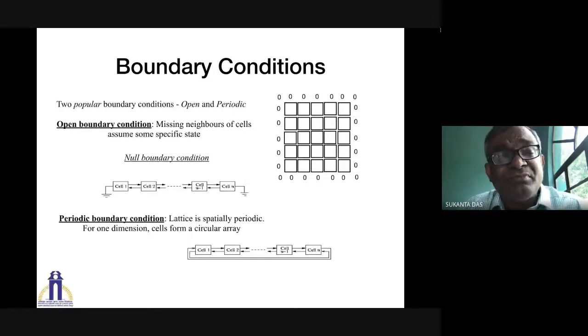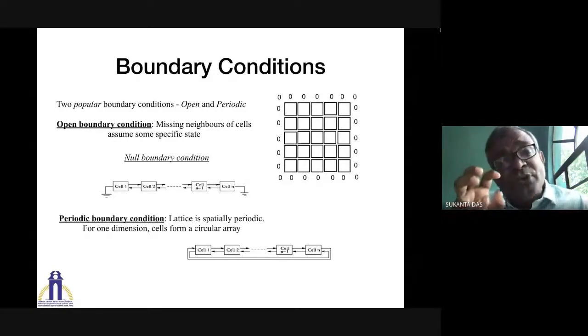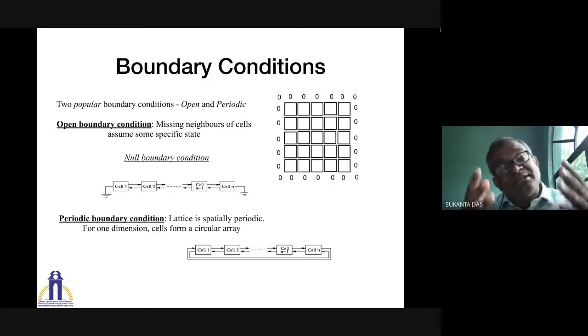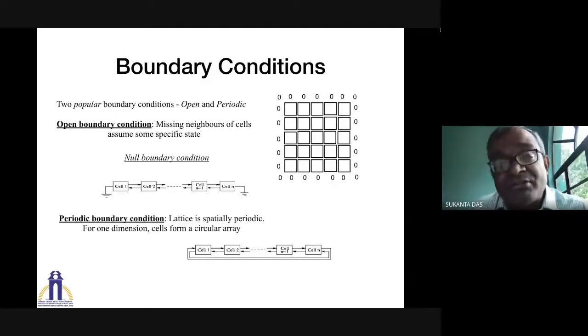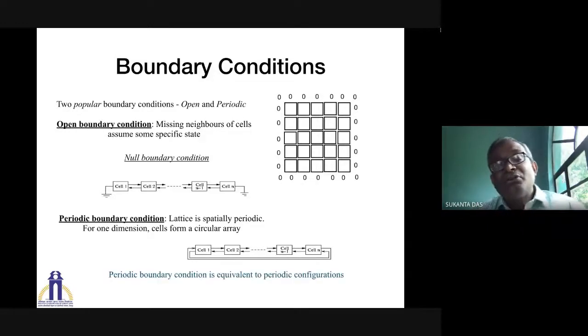And I also said during that discussion that if you know the small part, by repeating that small part everywhere, you can get the whole configuration. So similar thing is periodic boundary condition. Here C is finite, but I can think that I will repeat that finite part over the infinite lattice.